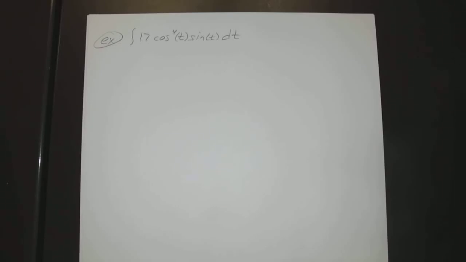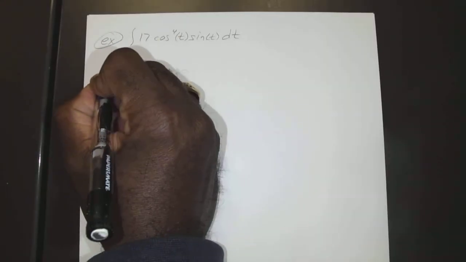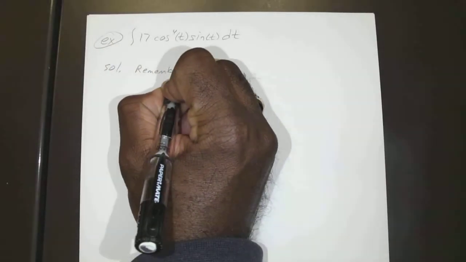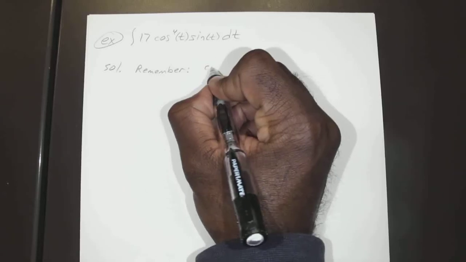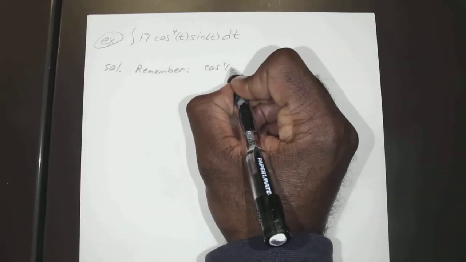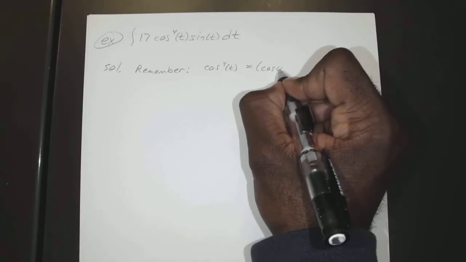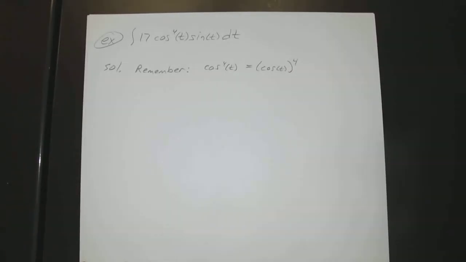With problems like this, it helps to remember that cosine to the fourth of t is just cosine of t to the fourth power. It's just written a different way.